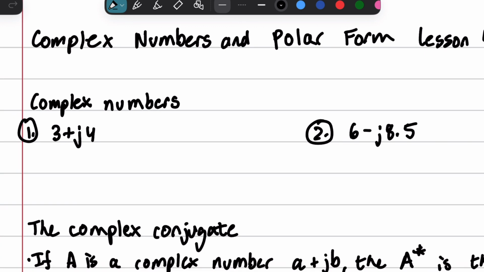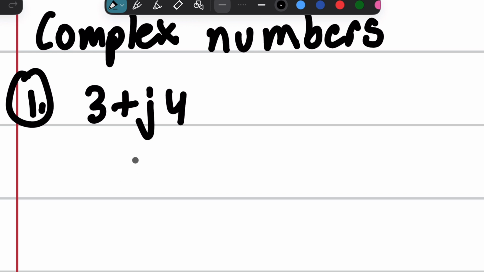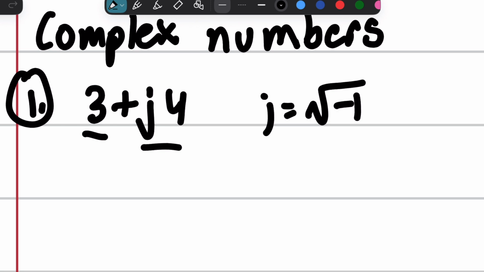So first of all, what is a complex number? This is a complex number right here. A complex number basically has a real part and an imaginary part, okay? This J is mathematically equivalent to root -1.